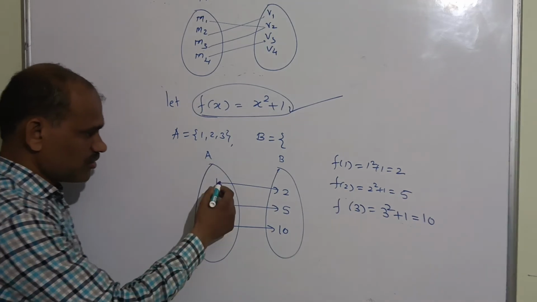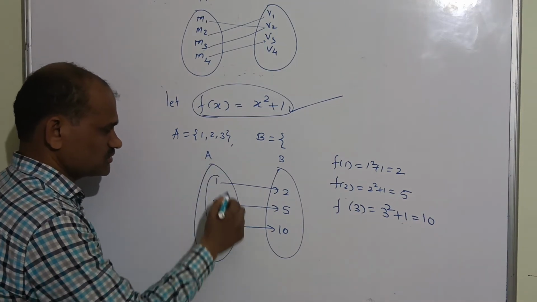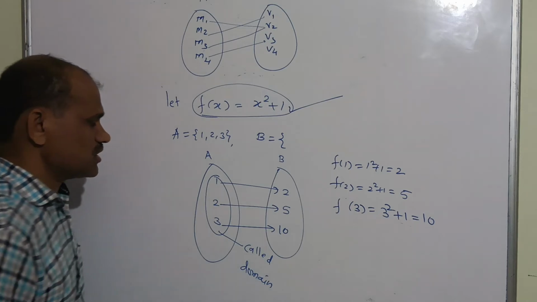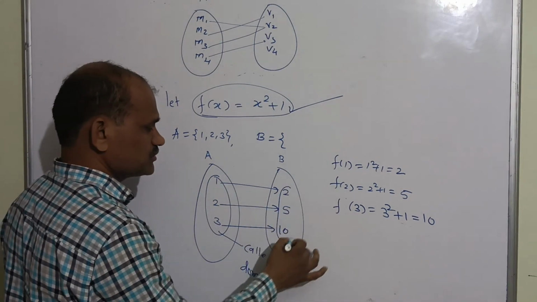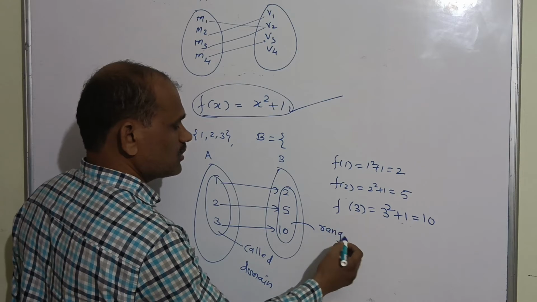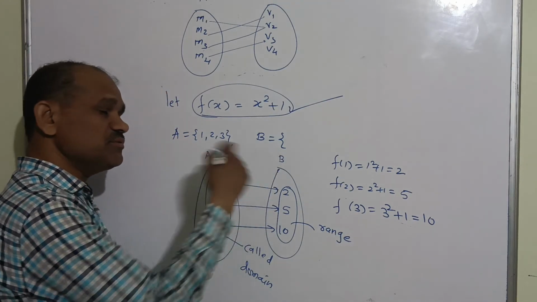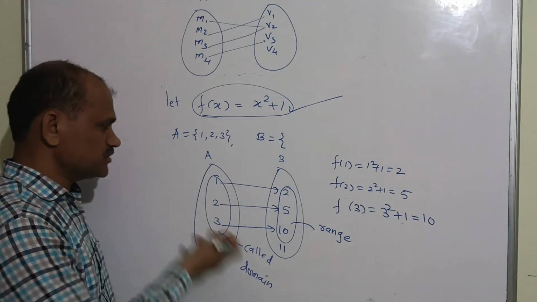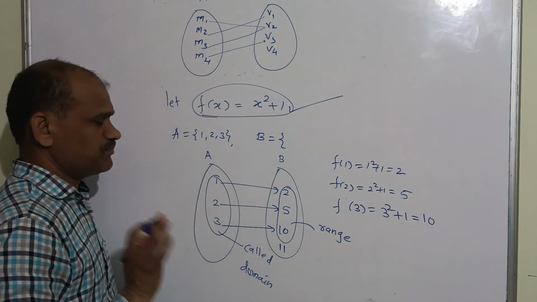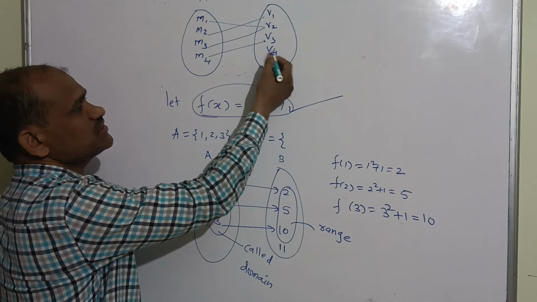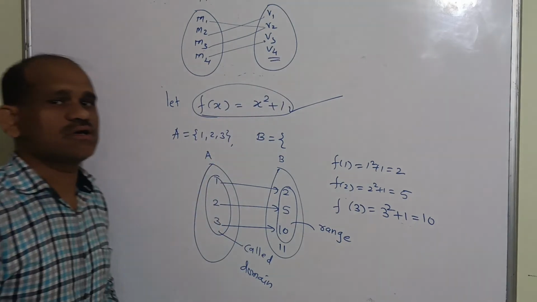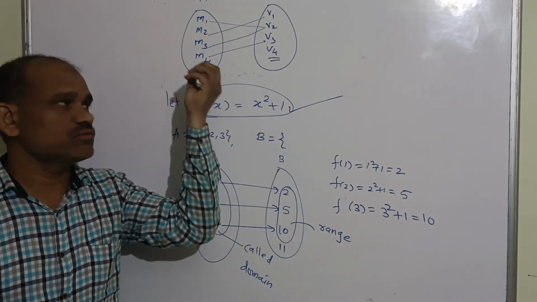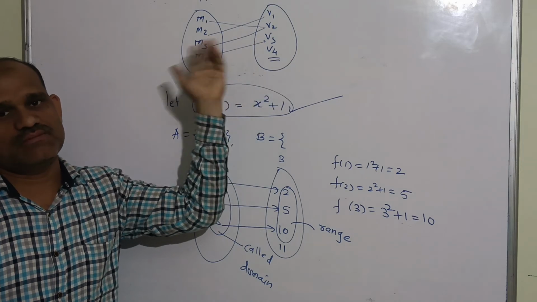So all these elements of the set A are called the domain, and all elements of this set B are called the range. Set B may have extra elements. Suppose there is an 11 not related to any element, there is no problem. It may have one element more, because see here, V4 is a village, but in set M there is no man belonging to that village.